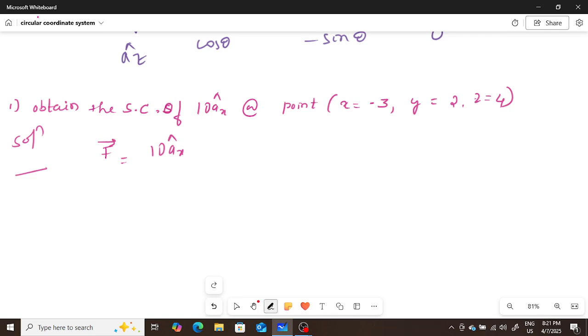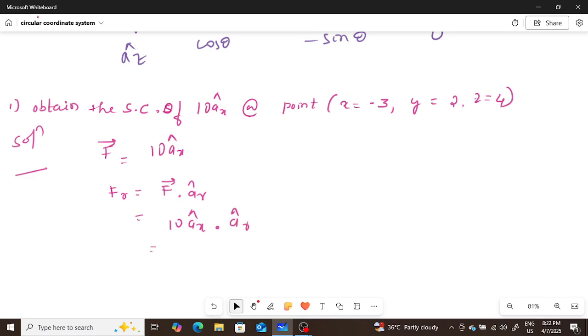So Fr is the first component we should identify. What is Fr? That is F vector dot ar. So what is F? That is 10 ax dot ar.